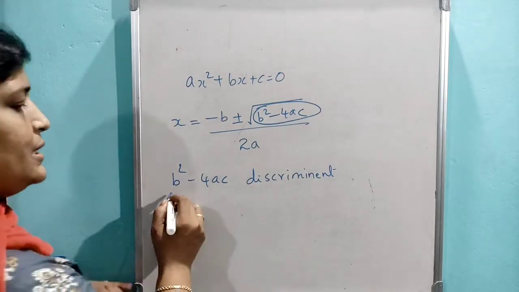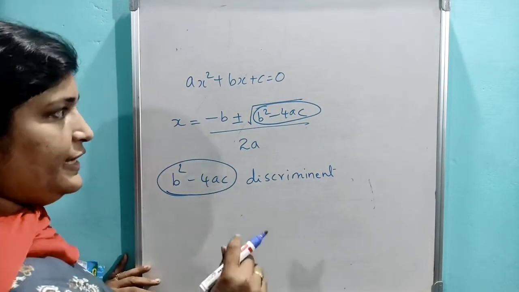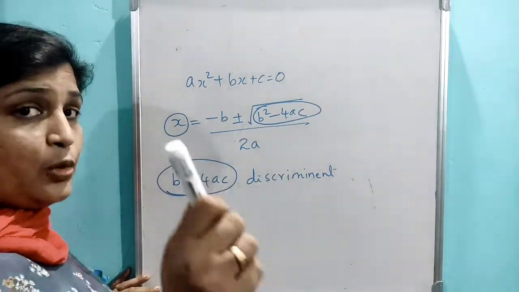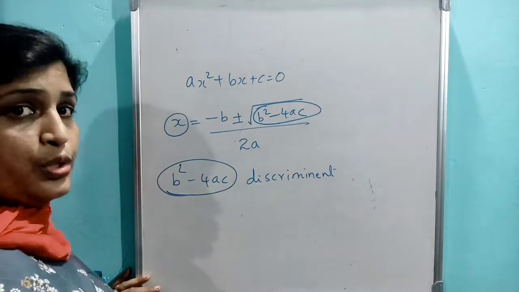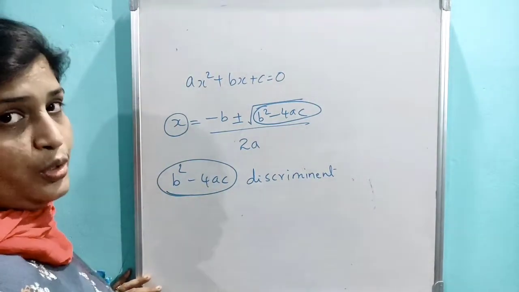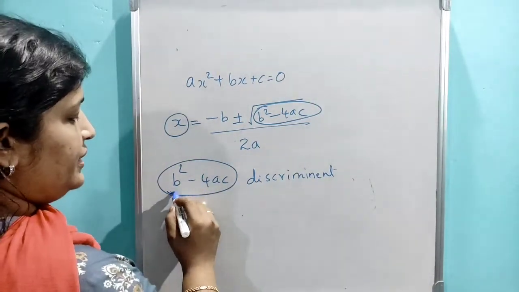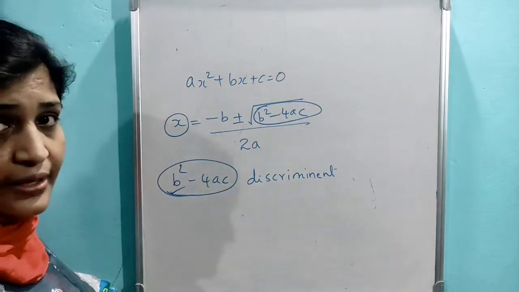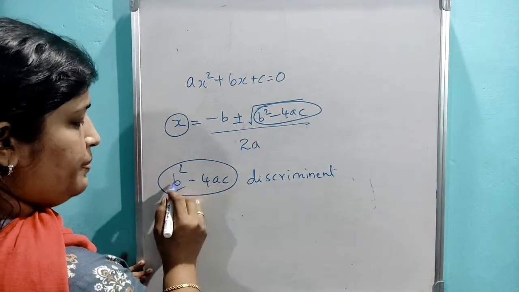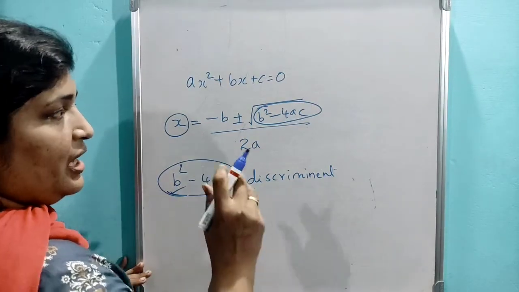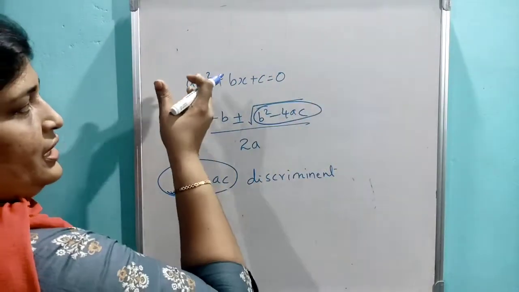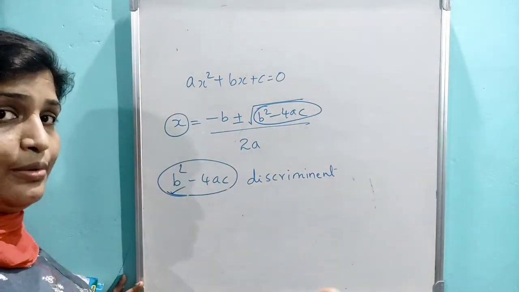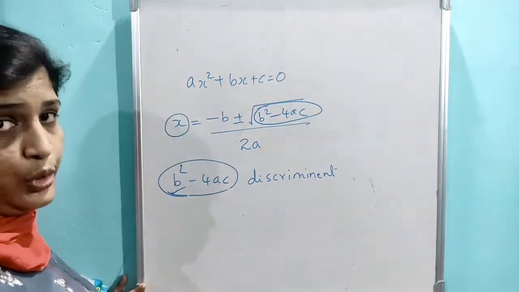The discriminant decides whether this equation has only one solution, two solutions, or no solution.